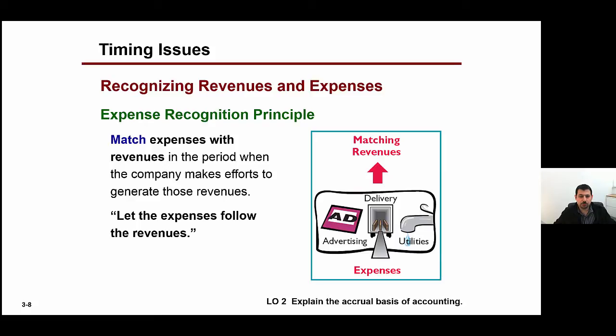In other words, the effort must be matched with the results, or expenses have to match the revenues. And whenever the expense is not paid in the same accounting period, then it becomes a payable, a liability or an obligation that the company has to fulfill later on.